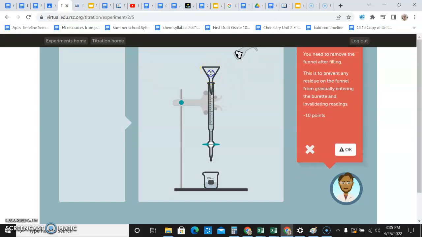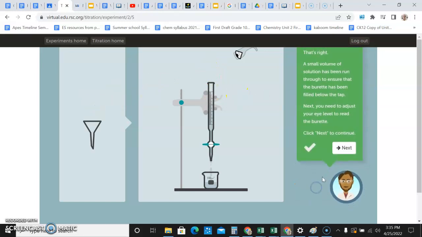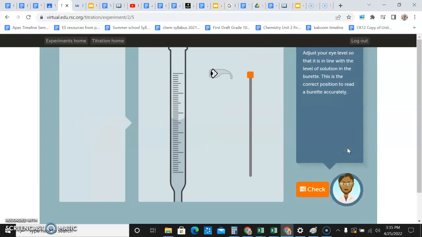You need to remove the funnel. I took the funnel out and it went back again. Okay, now you got to go to eye level and you're going to really carefully fill it until your meniscus sits on the line.